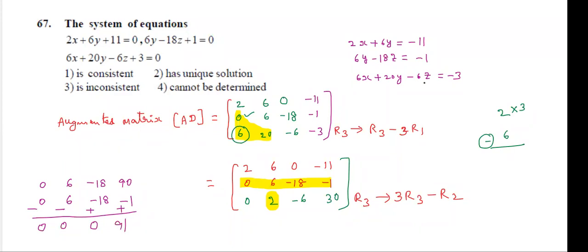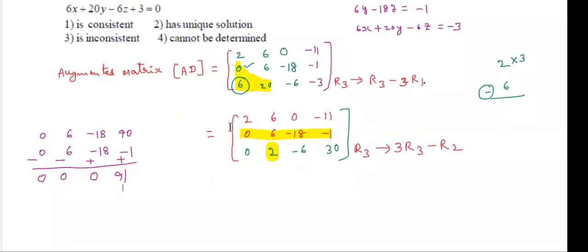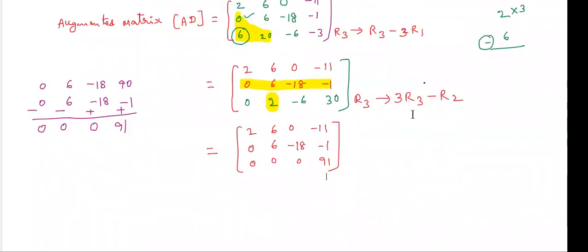Here we get 91. These changes happen in the R3 row only. That is equal to 2, 6, 0, minus 11; 0, 6, minus 18, minus 1; next third row, 0, 0, 0, 91.